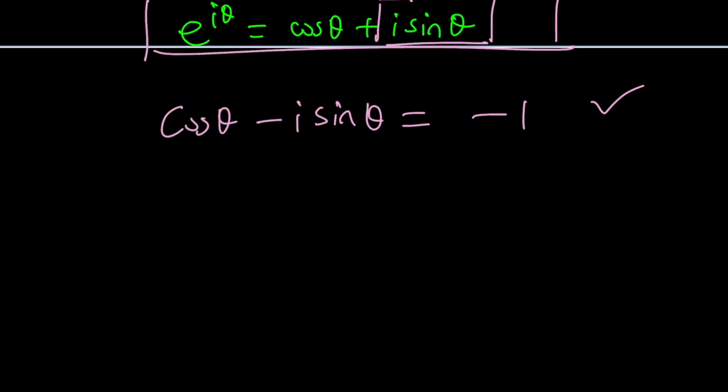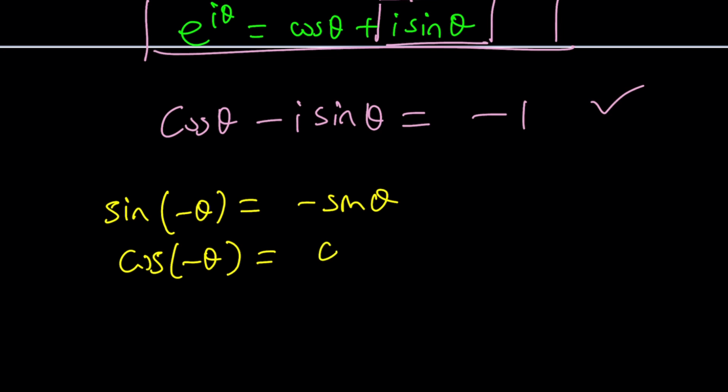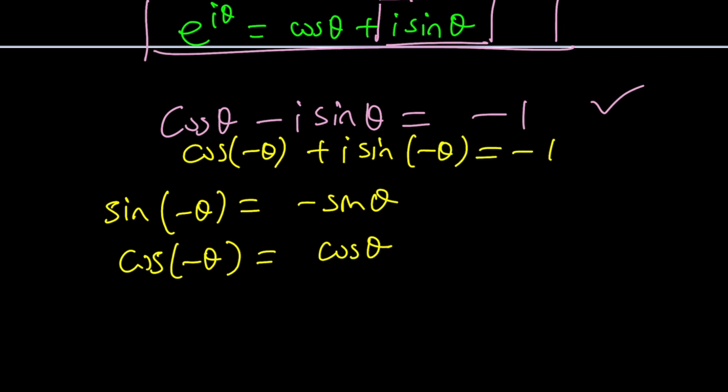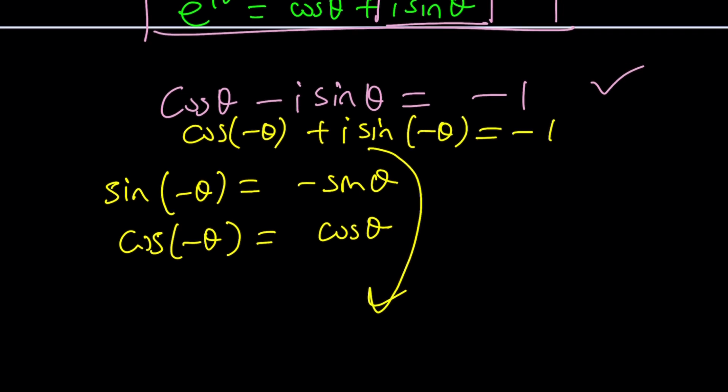Sine is odd, cosine is even, which means sine of negative theta is negative of sine theta, but cosine of negative theta is cosine of theta. Cosine absorbs, sine spits out. In other words, cosine will just absorb the negative. So we can now write this as cosine of negative theta plus i sine of negative theta equals negative 1. And then from here, we should be getting e to the power negative i theta equals negative 1.